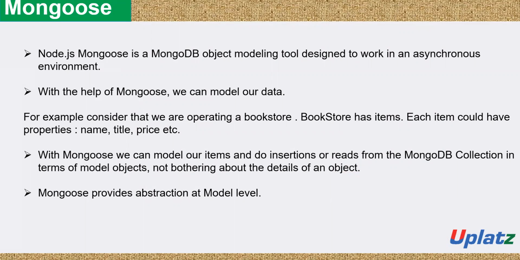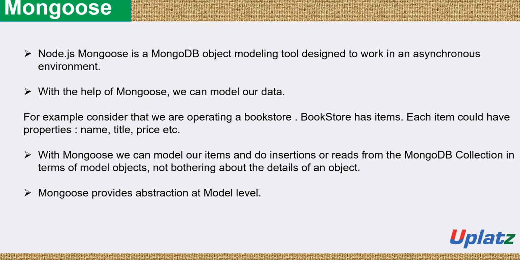Node.js Mongoose is a MongoDB object modeling tool. So this is an object modeling tool especially designed to work in an asynchronous environment. With the help of Mongoose, we can model our data. Example, consider that we are operating a bookstore. Bookstore has items.